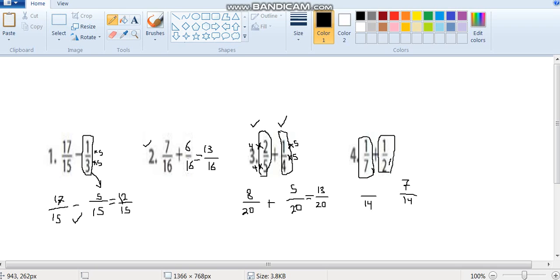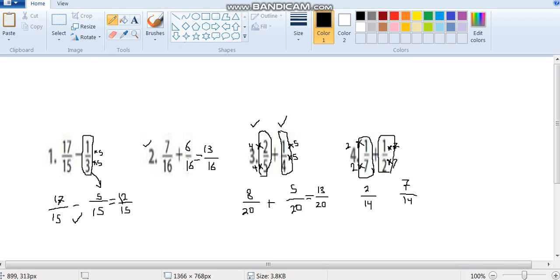It becomes something equivalent to half. It will be 7 over 14. Now here, 1 over 7, how does it become something over 14? It will be 2 over 14 because I multiplied down by 2. Look at the other side, you'll find here 2. I just cheat by 2, and then I multiply here by 2.